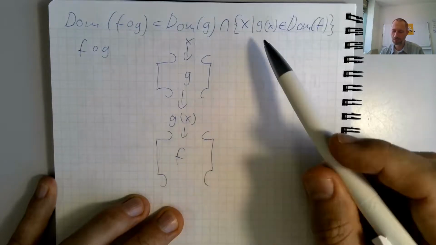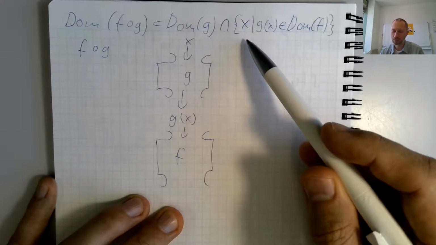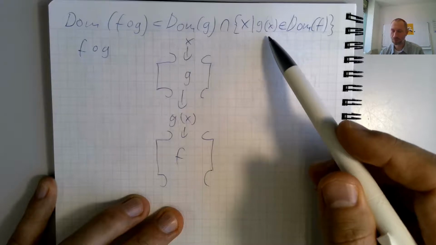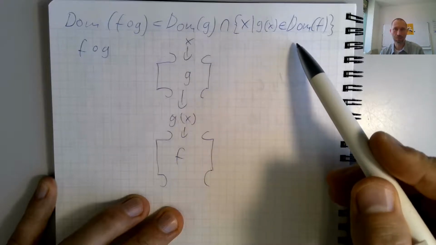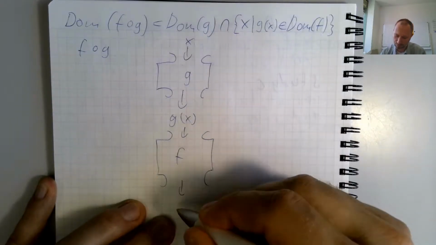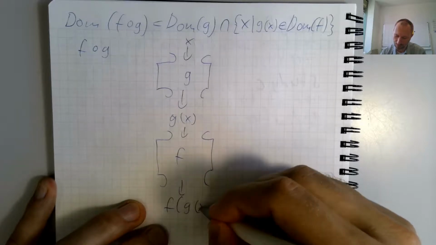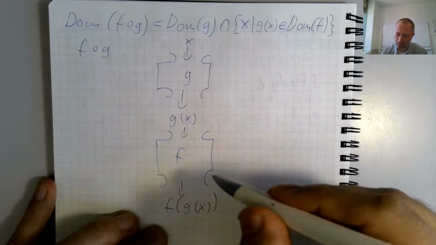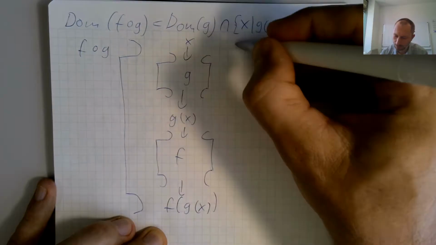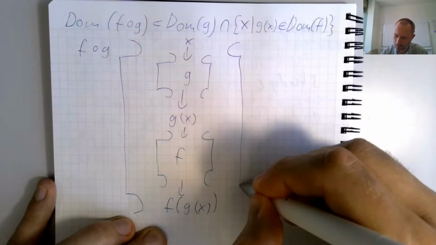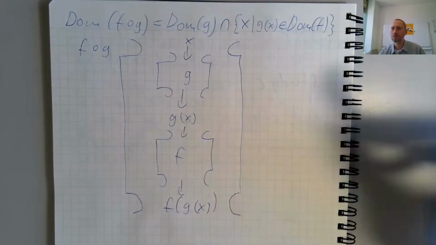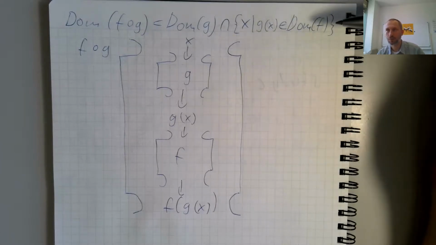So we can only choose those values in the domain of g such that whatever g produces is an admissible input to f. And what comes out is, of course, f of g of x, and this whole thing is f after g.